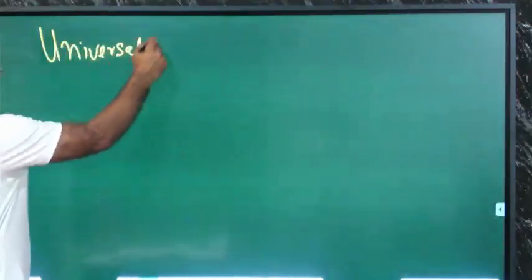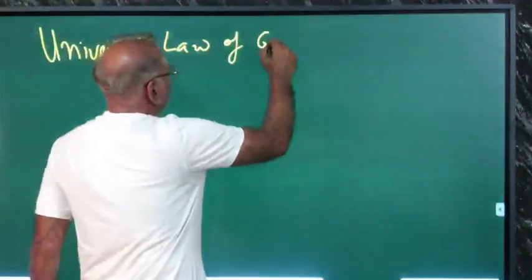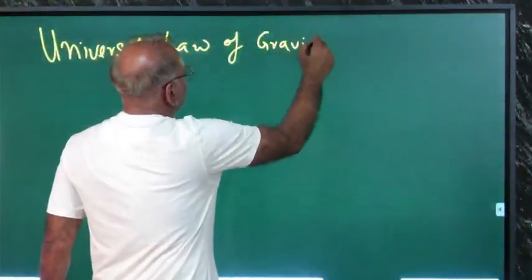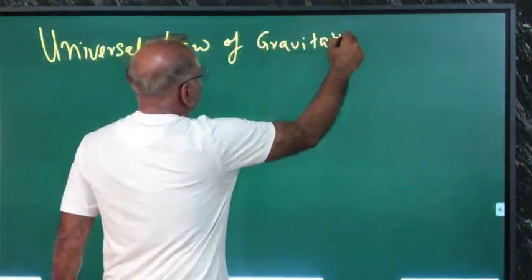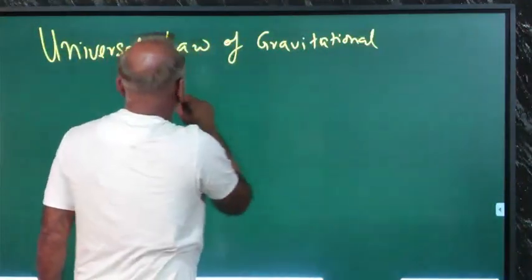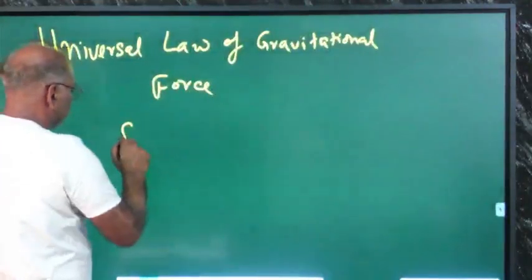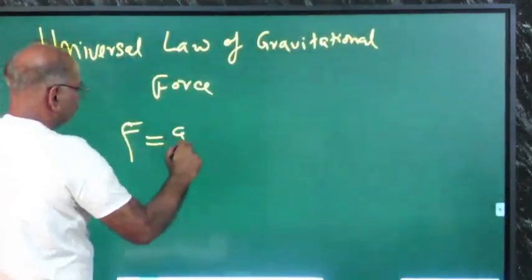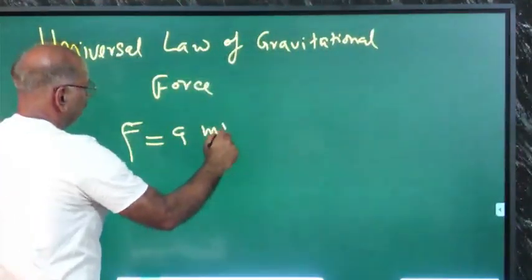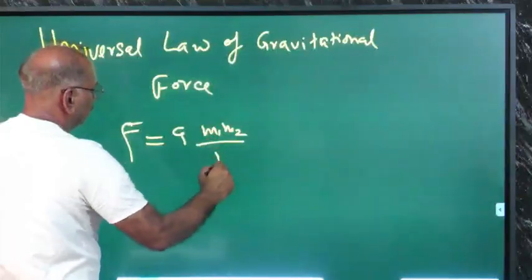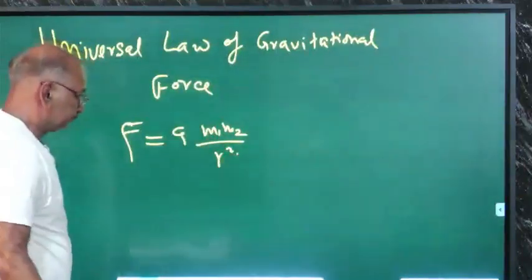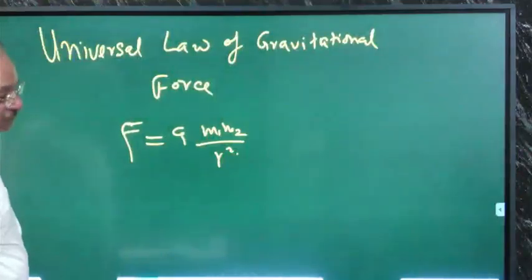Universal law of gravitational force, and it is written as F is equal to G m1 m2 by r square. What does it imply?